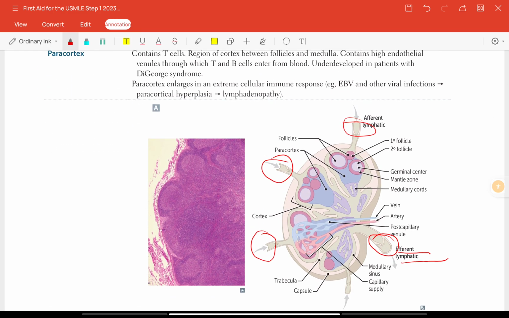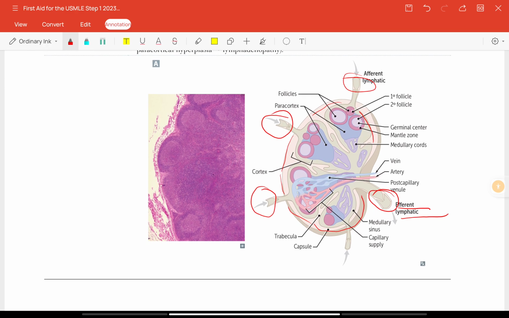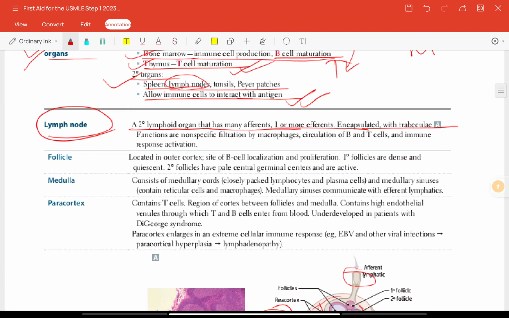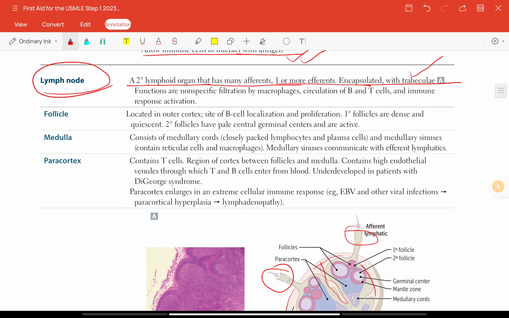So here we have the capsule of the lymph node, which invaginates inside, and is called trabeculae. So again we can read it as: lymph nodes are secondary lymphoid organs that have many afferents and one or more efferents, encapsulated with trabeculae.